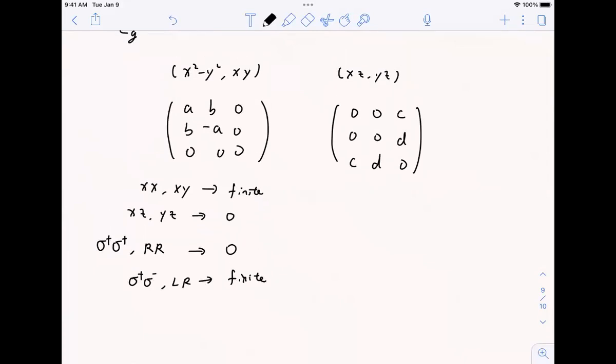Then for this one, you have x and y, x is going to be 0, xz is going to be finite.